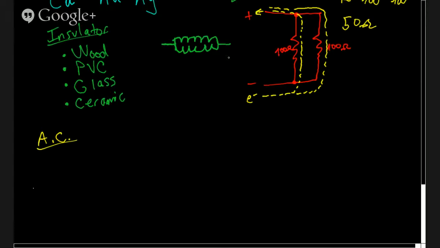Alternating current, what's provided domestically anyway, is always a sine wave. Instead of just having electrons always coming from one end and ending up at the other, it alternates. Aptly named.